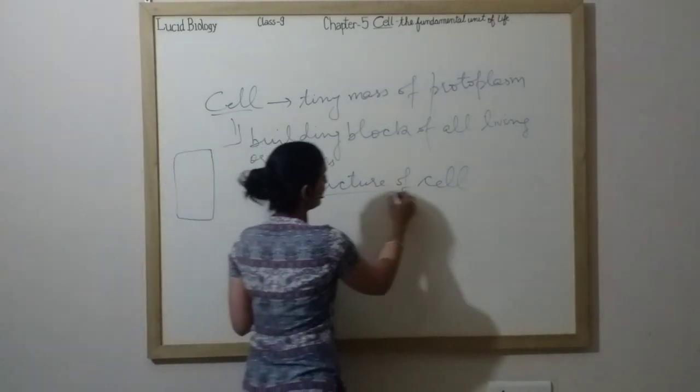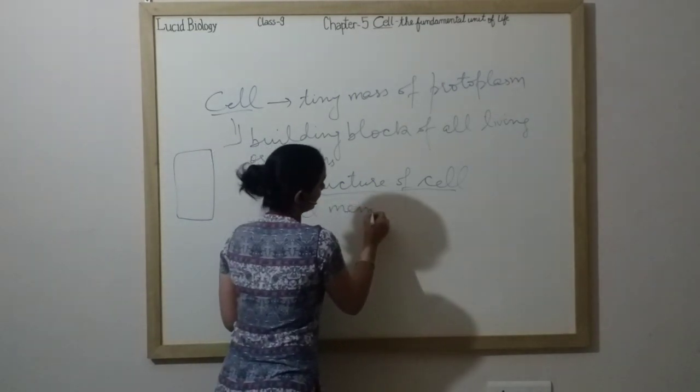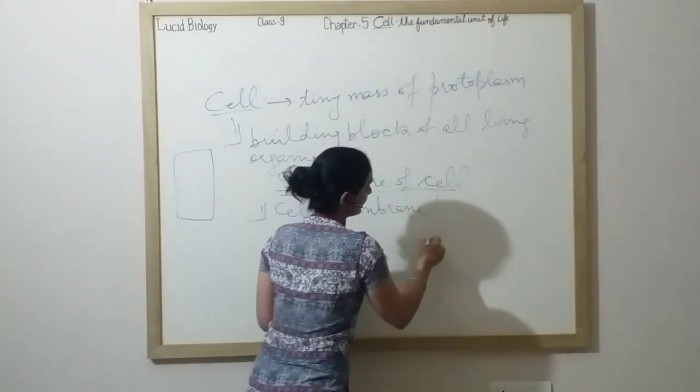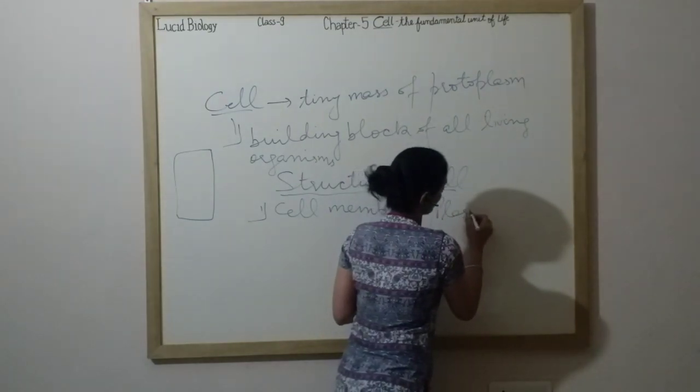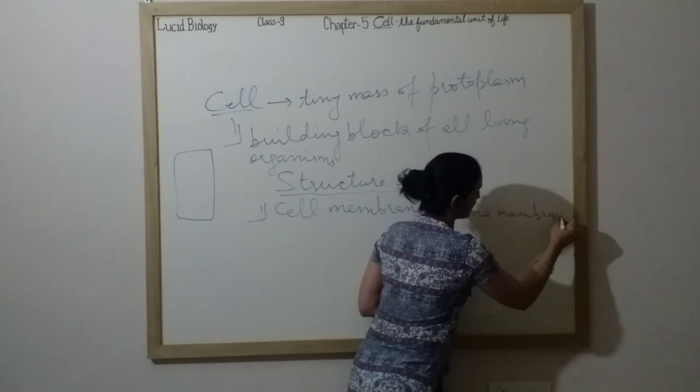These regions are, first of all, the cell membrane, which is also called plasma membrane. The outer boundary is called cell membrane or plasma membrane.